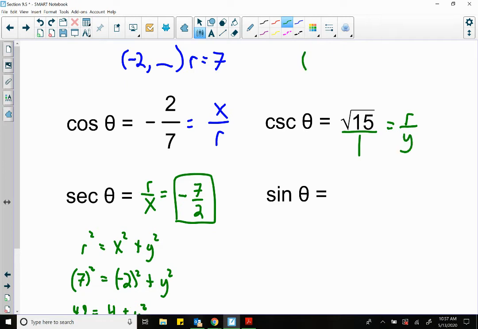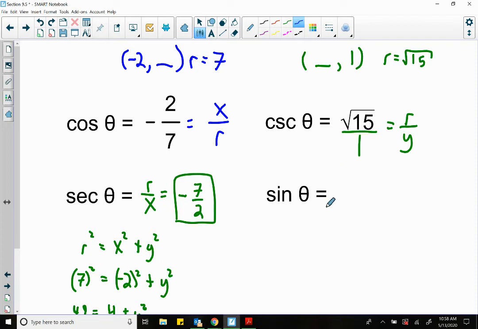So you now know that your y value is 1, and your r value is the square root of 15. Again, you could solve for x. There's nothing wrong with that. You can actually solve for x. But they want you to find this information.